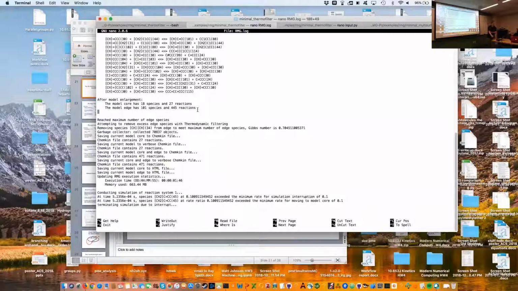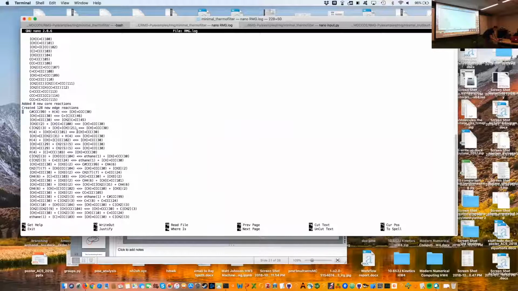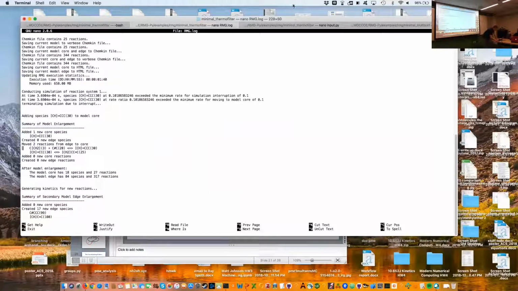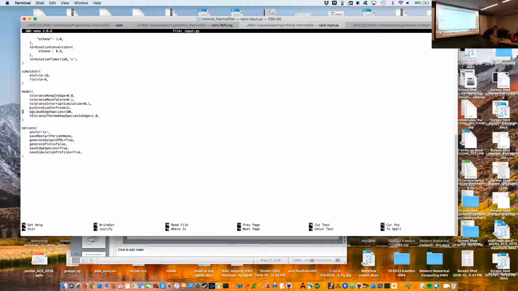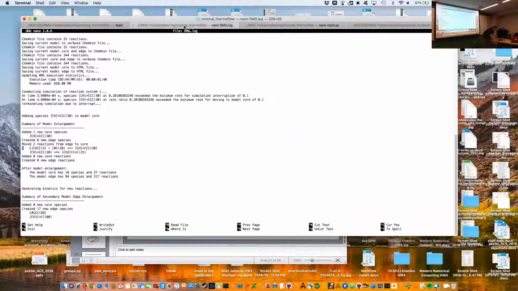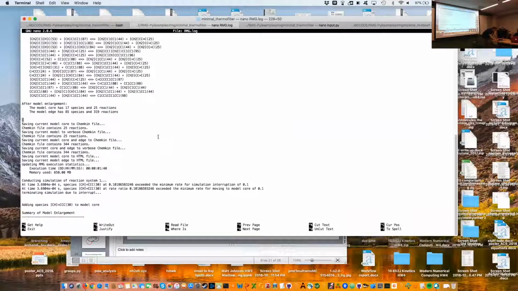So, there are a few things to note. We've set the maximum edge species to 100. One thing we're hoping for is that we keep our number of edge species around 100, which we actually aren't quite doing here, because we have about 319 reactions.